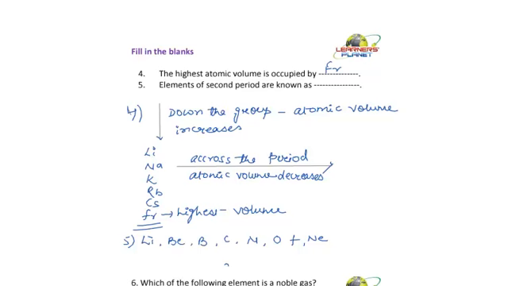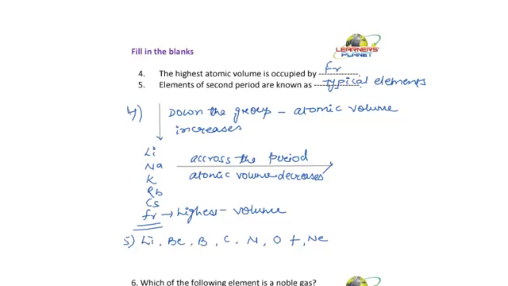Now what the case is, students, here, that every element is the first element which is representing its group, right? So these are known as typical elements. Typical elements of the group, right?